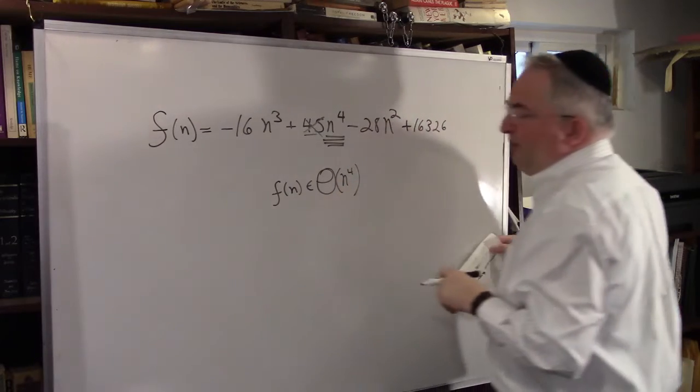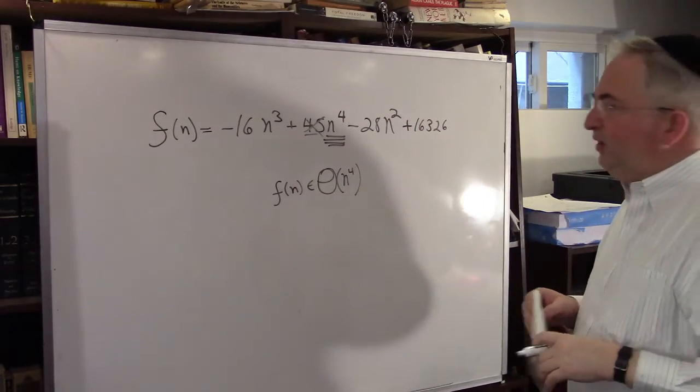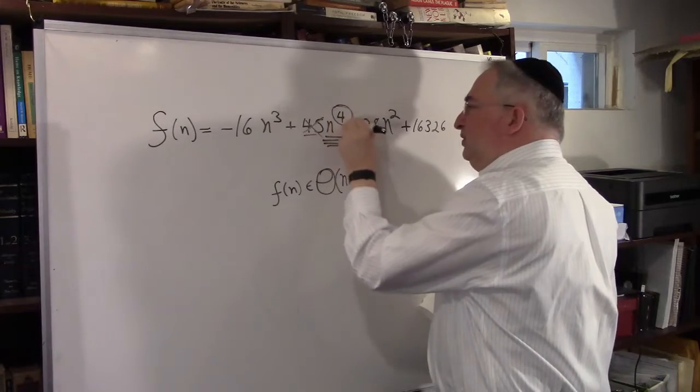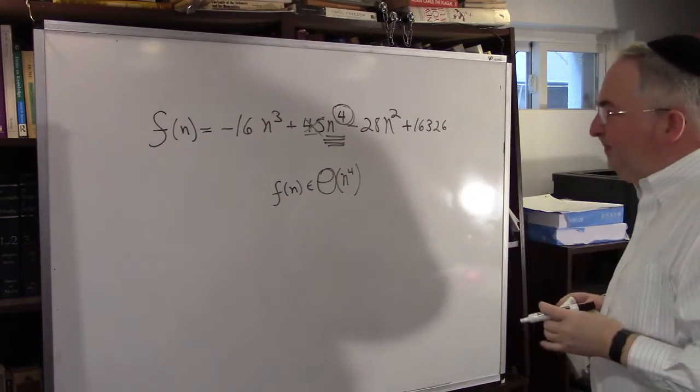It grows about the same size as n to the fourth. That's the main determinant of what you're dealing with. Okay, great.